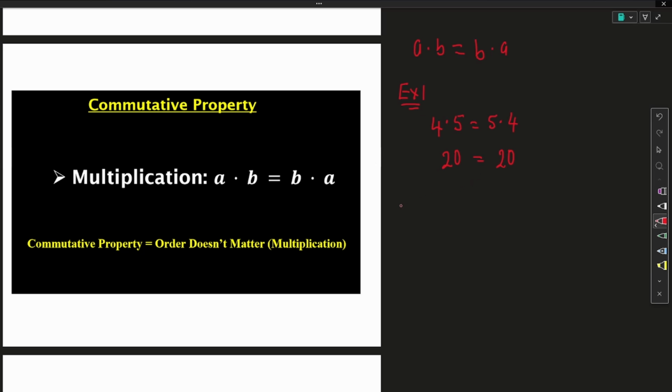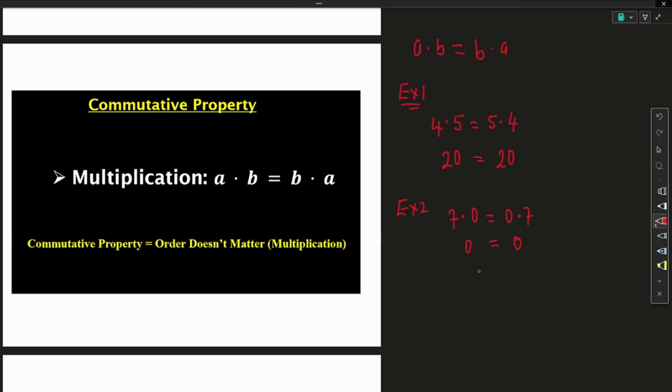Let's take another example. Example 2. Here we have 7 multiplied by 0 is equal to 0 multiplied by 7. 7 multiplied by 0 is 0, equal to 0 multiplied by 7 is also 0.